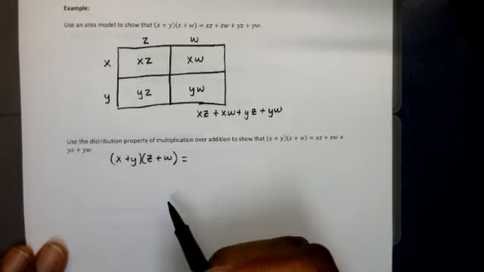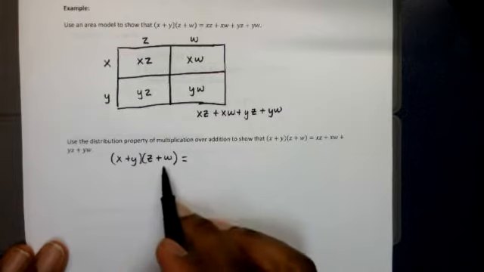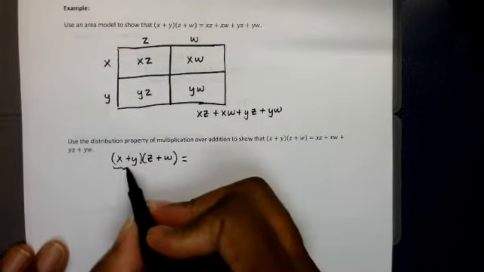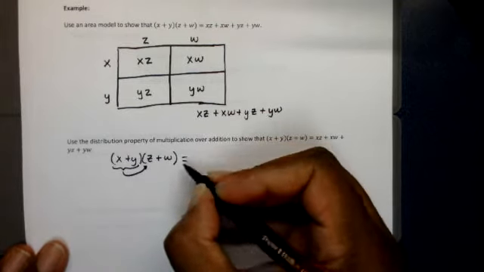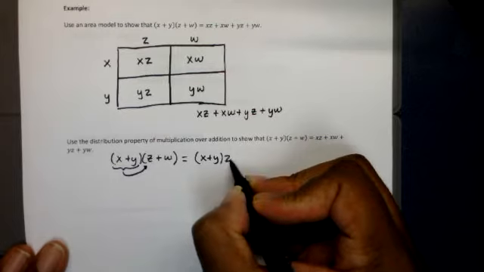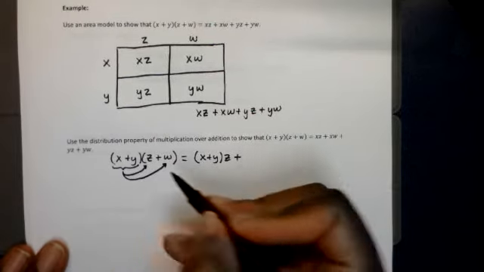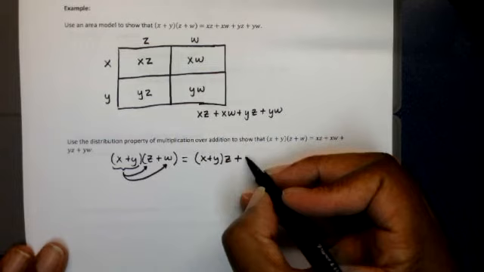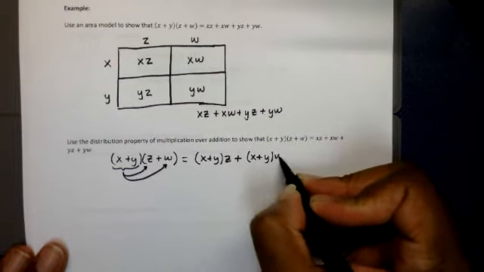So what I'm going to do here is distribute the x plus y over the z and over the w through multiplication. So if I distribute x plus y times z, it'd be this, and then plus distribute the x plus y with the w, it'd be x plus y times w.